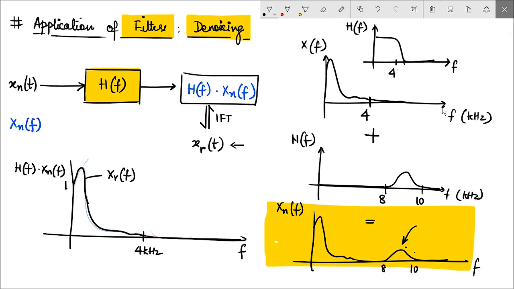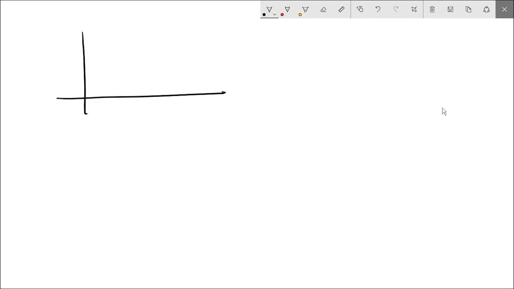Another thing is that the standard low pass or high pass RC or RLC filters that we've seen have a very gradual stop band. We discussed earlier that ideally we want something like this. We do not want any frequency to pass above the cutoff frequency.